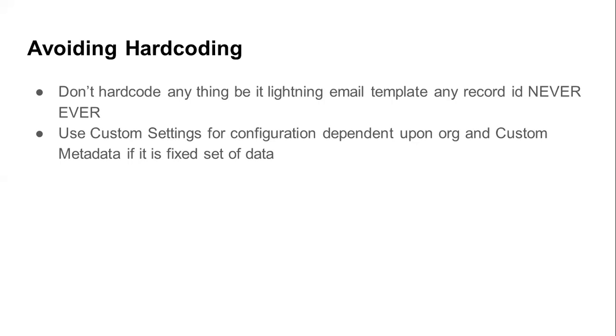If there is any specific configuration, like suppose your Orbit email address, that could vary based on the environment. For UAT, the client might give you some other Orbit email address, and for production, it would be different. Those things you can keep in custom settings, but not any specific hard-coded ID.